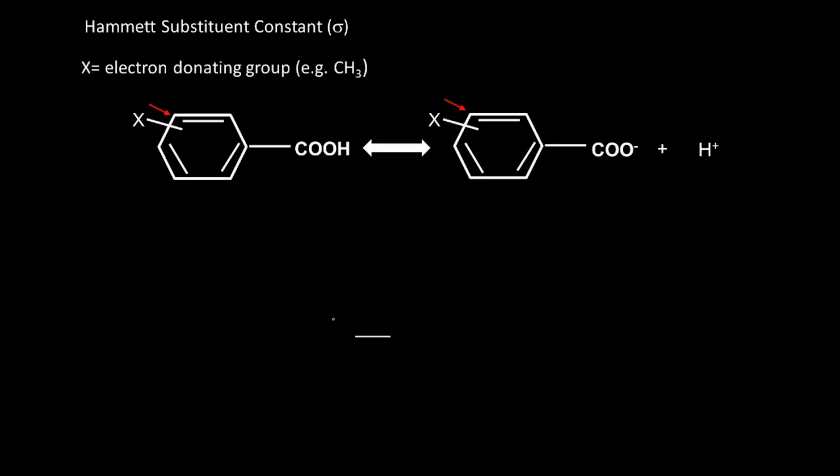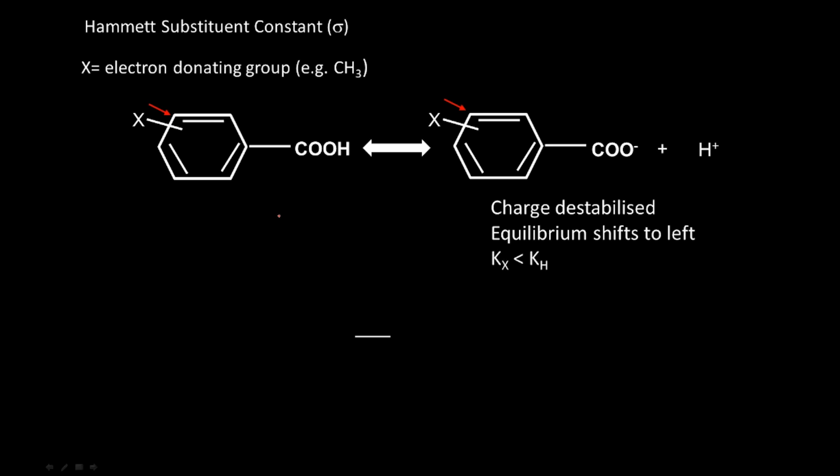For an electron donating group, CH3 for example, the charge is destabilized and the equilibrium shifts to the left. So Kx is less than Kh, and sigma x will be a negative value.